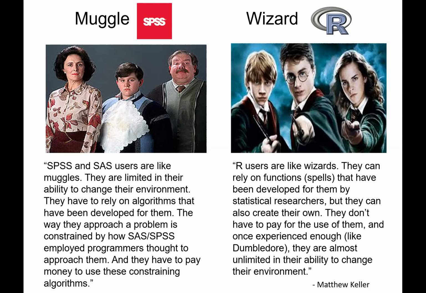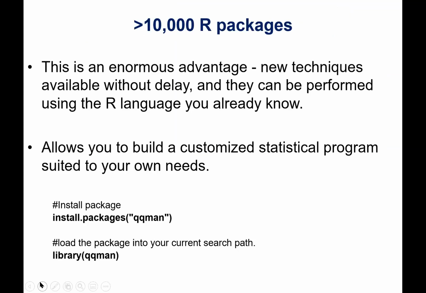They can rely on these functions, but they can also create new functions using R programming. Especially many statisticians develop packages in R. Once a package is online, we can download it, install it and use it.